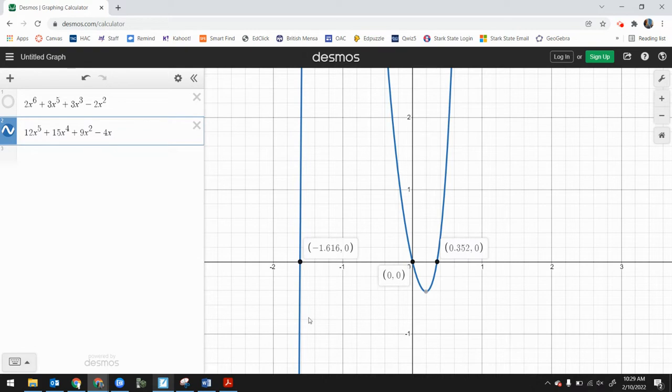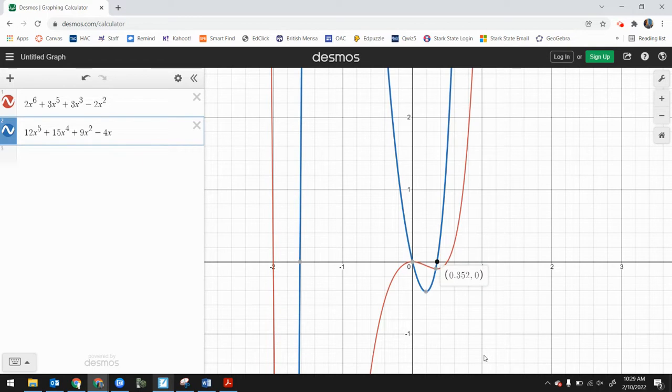Like for example here, let me reveal my initial. Do you see this piece here, this 0.352, that same x value? Oh, that's showing the cross point. There it is, 0.352. That minimum value is the x-intercept of the derivative.